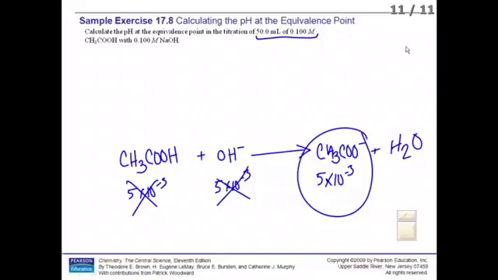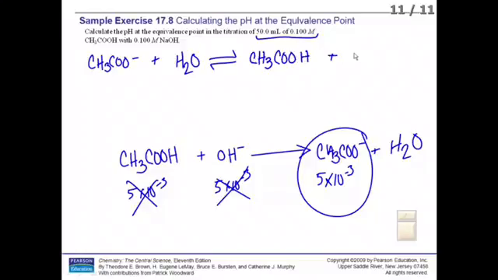I just showed you what the titration would look like, but this is what we're worried about. We're worried about this ion doing this, going back to make the acid.